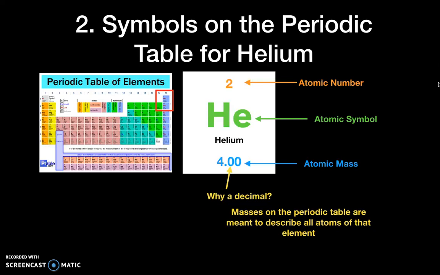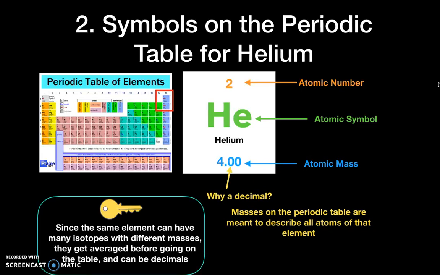So if you have multiple isotopes of helium, we know that those are multiple masses combined. So when the number of atomic mass is written on the periodic table, all of those elements are averaged together. So the key point at the bottom, it says, since the same element can have many isotopes with different types of masses, all of them get averaged together before going onto the table. And therefore, that's where those decimals come from.